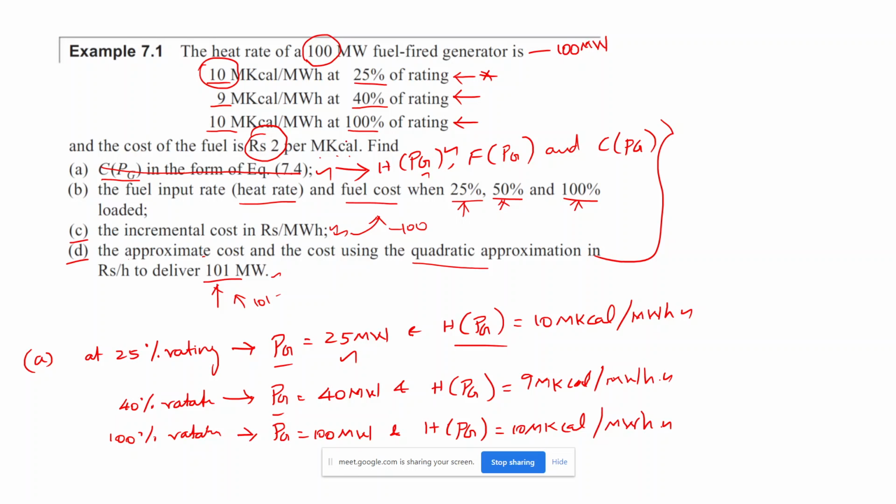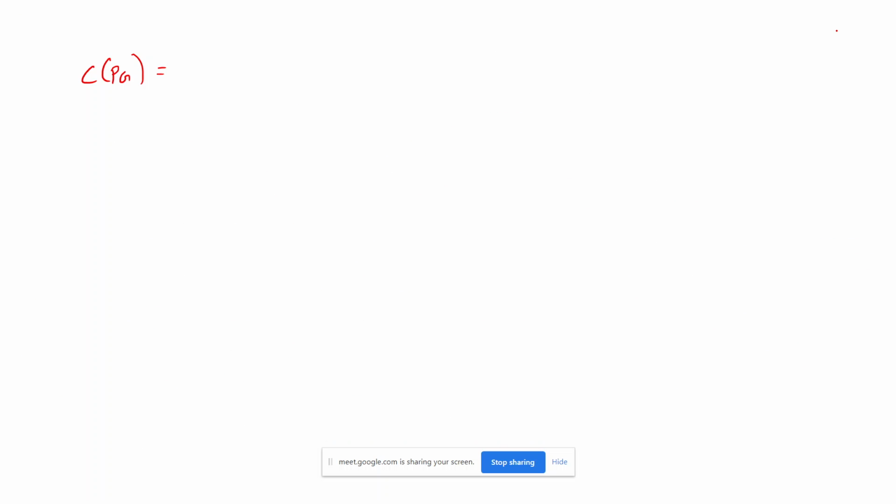So what is K here? Given K is equal to 2. So we all know that K multiplied by A plus B Pg plus C into Pg square. So this is the equation, right?